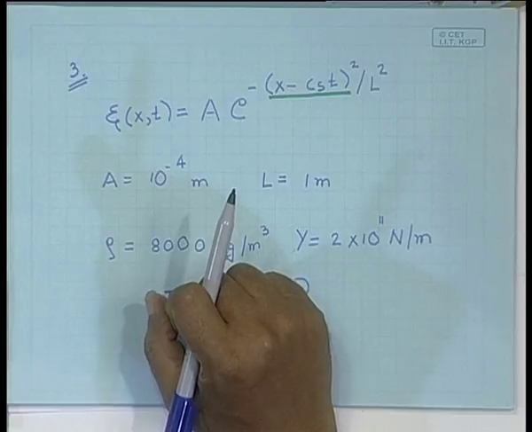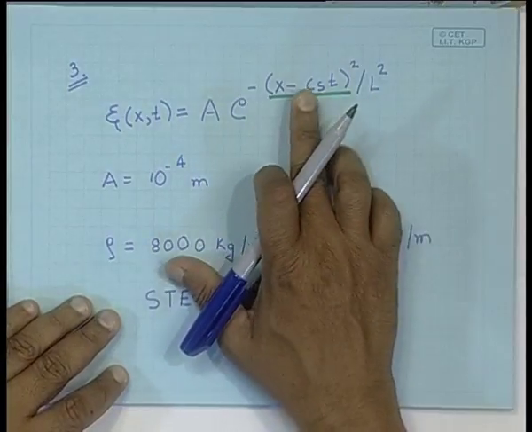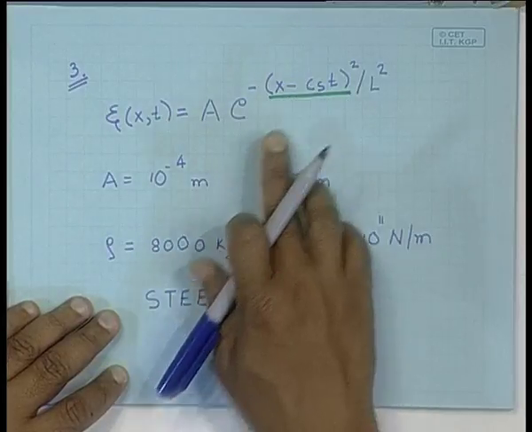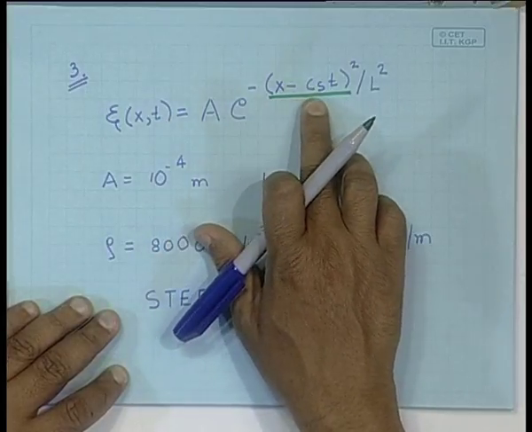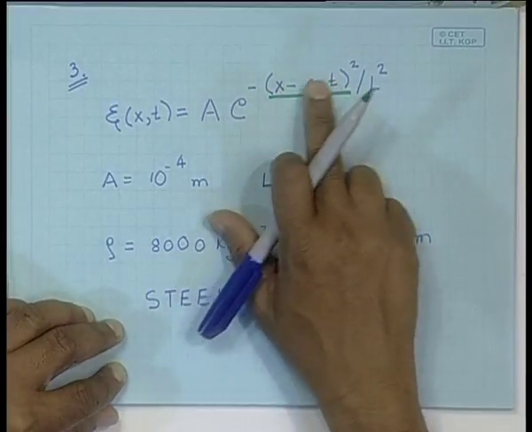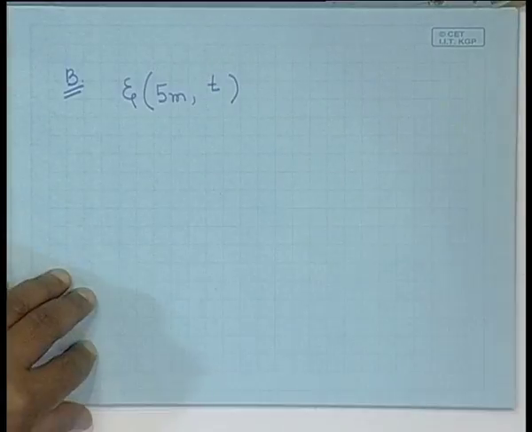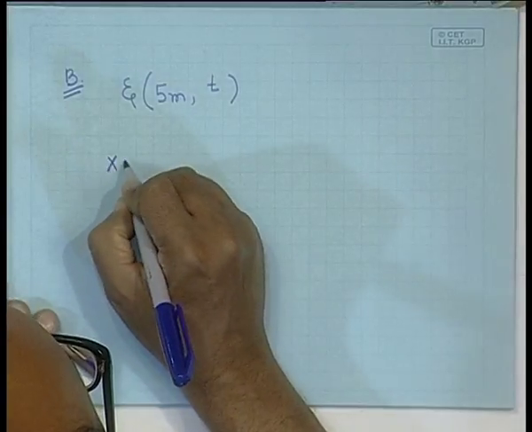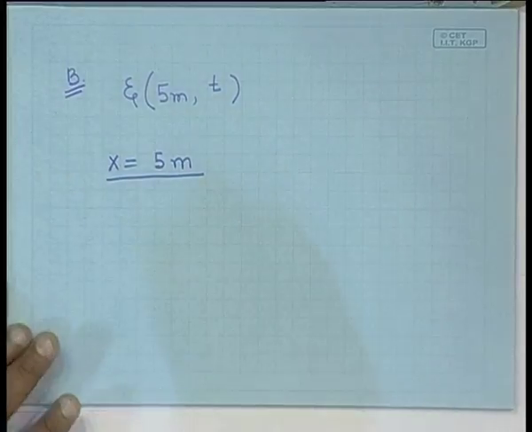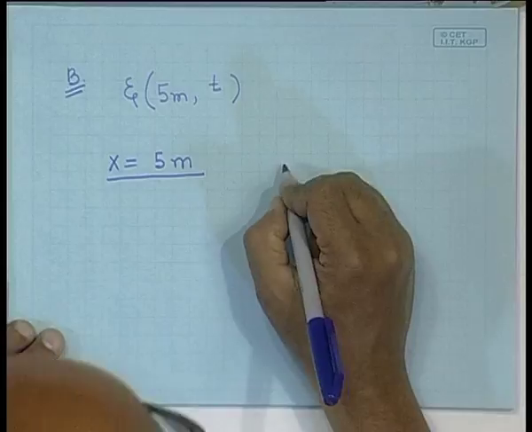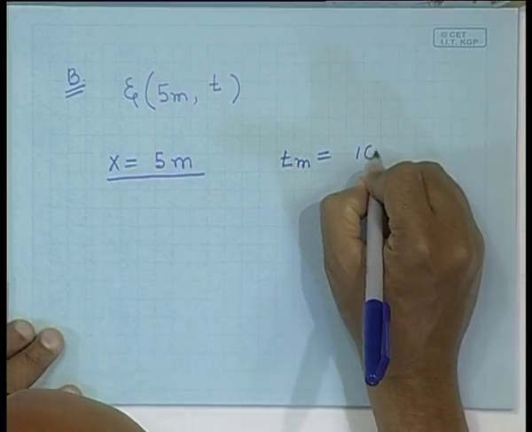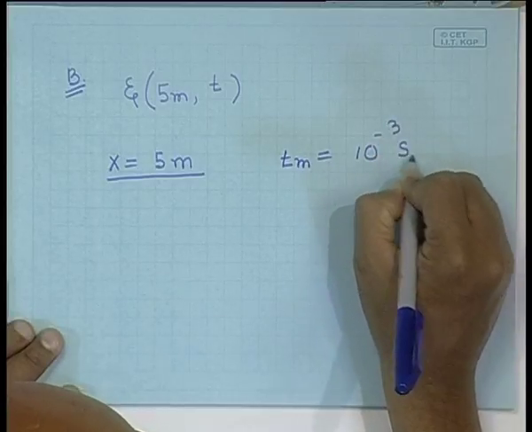So, let us ask the question, at what instant of time is the displacement going to be maximum at x equal to 5 meters. That is going to occur whenever x is equal to c_s t. We have just determined this. So, at the point x equal to 5, the displacement is going to be maximum, I will call this t maximum, at 10 to the power minus 3 seconds.